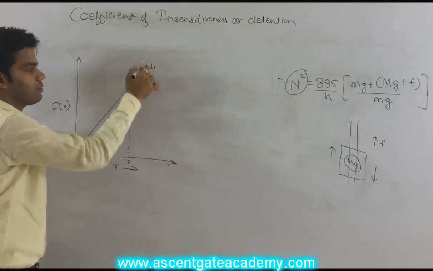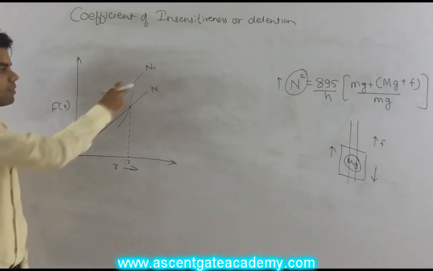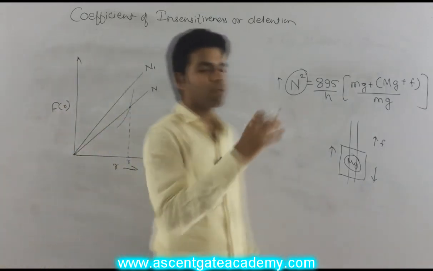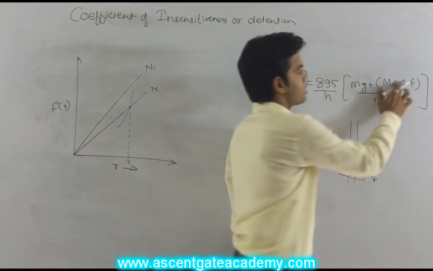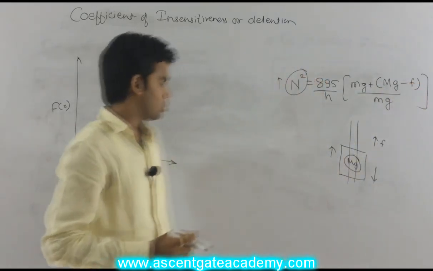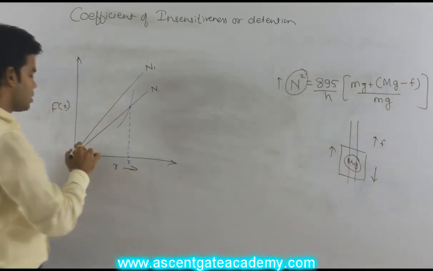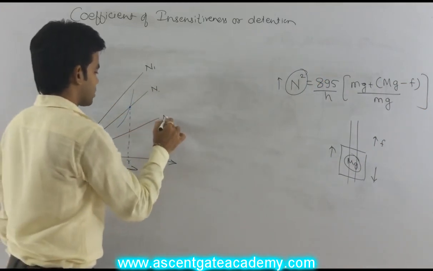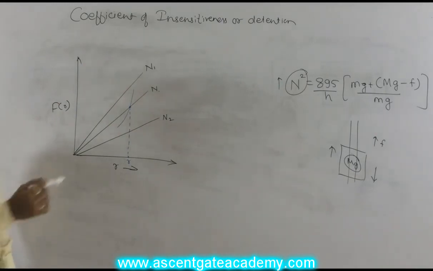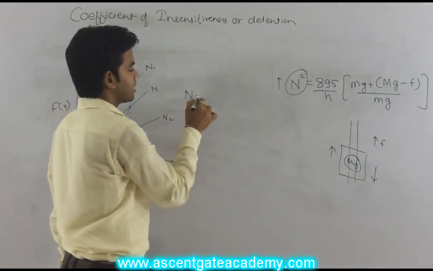If the sleeve is moving upward, then we are having the speed as n1. Similarly, if the sleeve is moving downward, this term would be mg minus f. So that means speed is decreasing, so the curve we will get will be like this, n2.